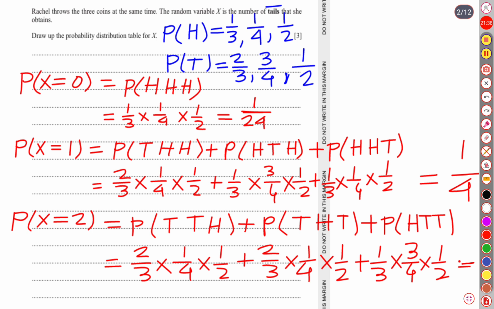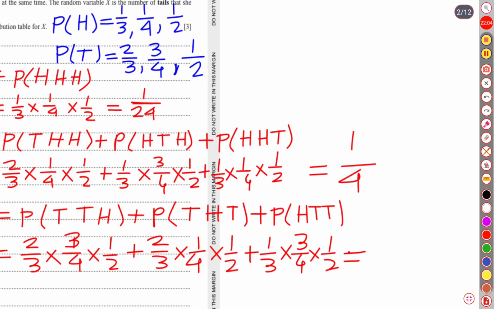Then if we use our calculator, it is 24, so 2 plus 2, 4, 4 plus 3, 7. Sorry, we made a mistake over here. Second tail is actually 3 over 4, so 6, 6 plus 2, 8, 8 plus 3, 11. So 11 over 24. Our probability is 11 over 24.